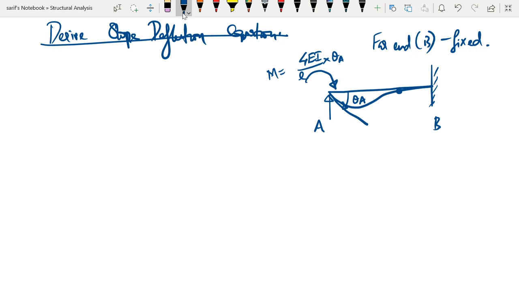And when you apply a moment here, at the fixed end, the moment that will get induced is again the same clockwise moment. However, the magnitude will be 2 EI by L into theta A. So if you look into it, the moment that you applied here is 4 EI by L into theta A, and whatever got induced here is 2 EI by L into theta A.